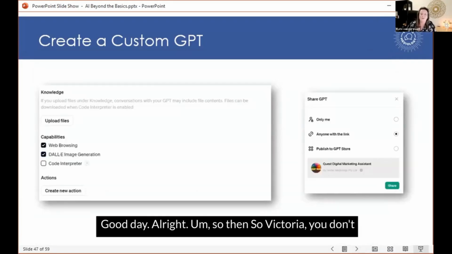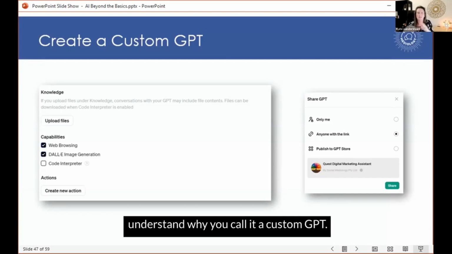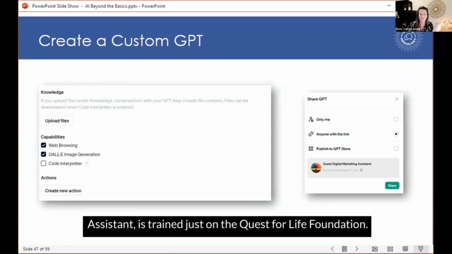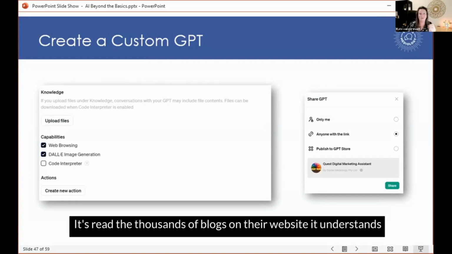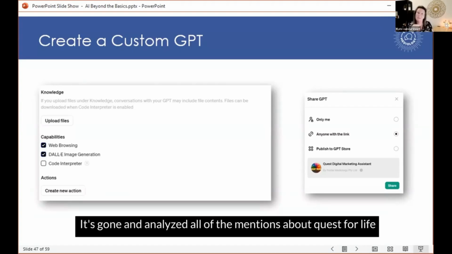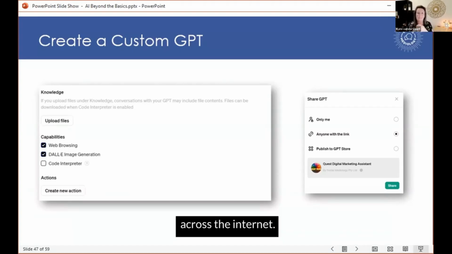So Victoria, you don't understand why you call it a custom GPT. The reason it's a custom GPT is this one, the Quest Marketing Assistant, is trained just on the Quest for Life Foundation. It's read the thousands of blogs on their website. It understands the programs they run. It's analysed all of the mentions about Quest for Life across the internet.